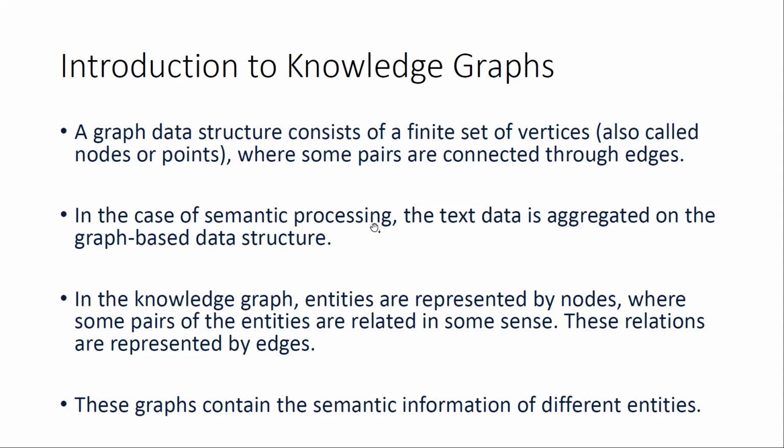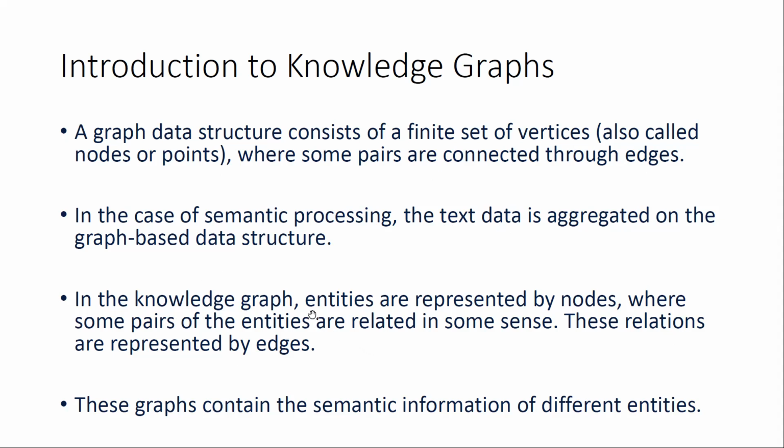So in the case of semantic processing, the text data is aggregated on a graph based data structure. In the knowledge graph, entities are represented by nodes, where some pairs of the entities are related in some sense. These relations are represented by edges, right?